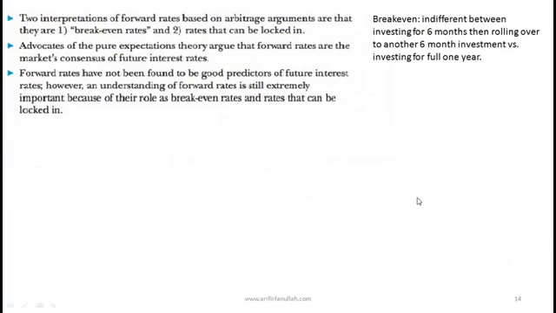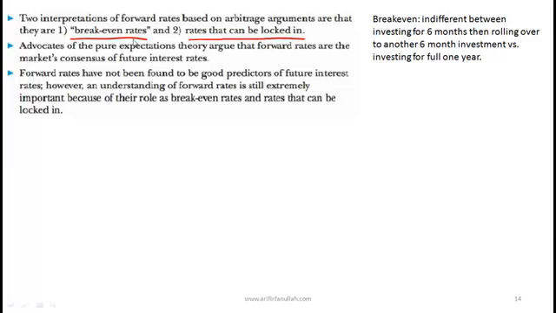Now getting deeper, we are still on pure expectations. There are two interpretations of forward rates based on arbitrage arguments. What are these two? One is saying that forward rates are the same as break-even rates, and the other is that forward rates are the rates that can be locked in.